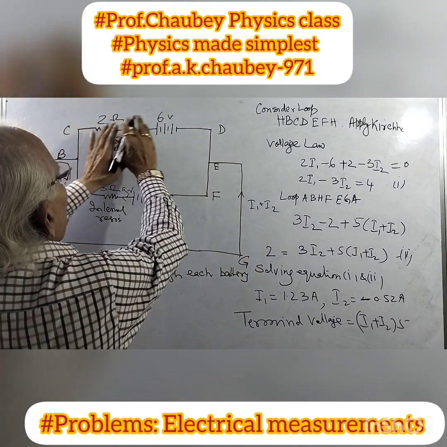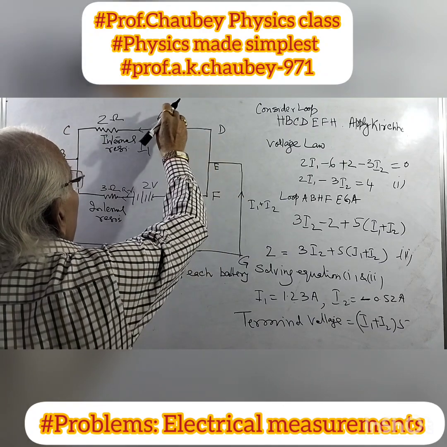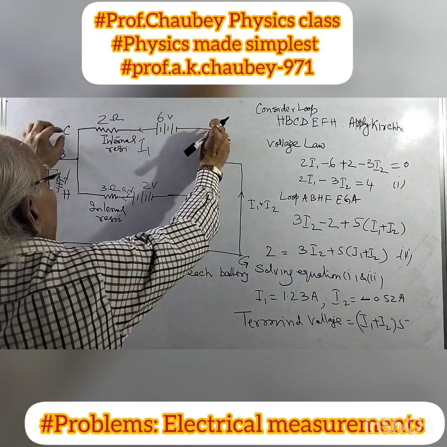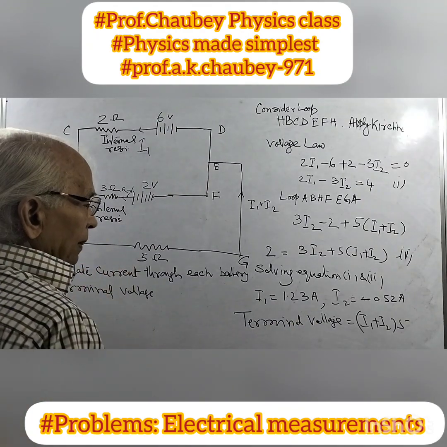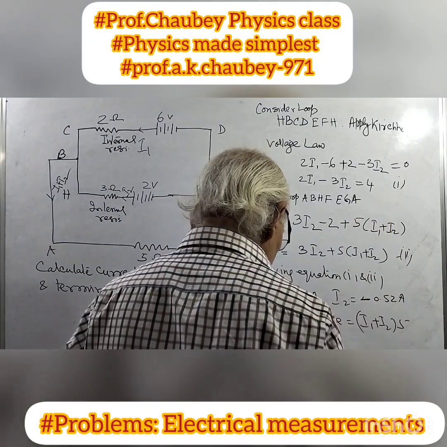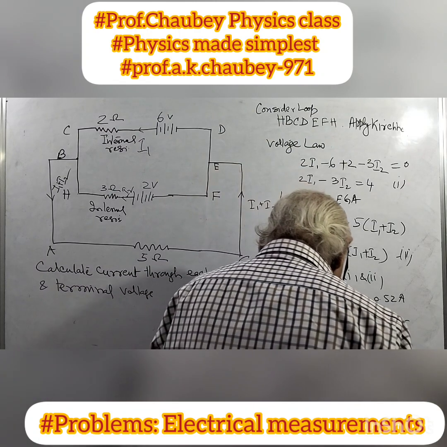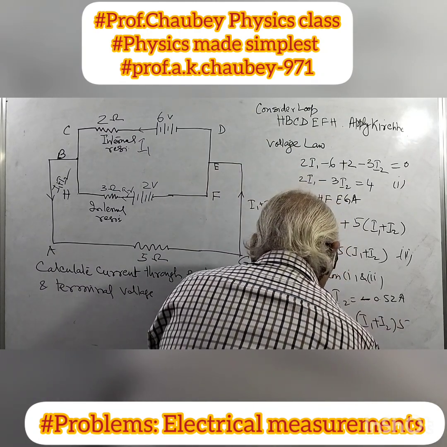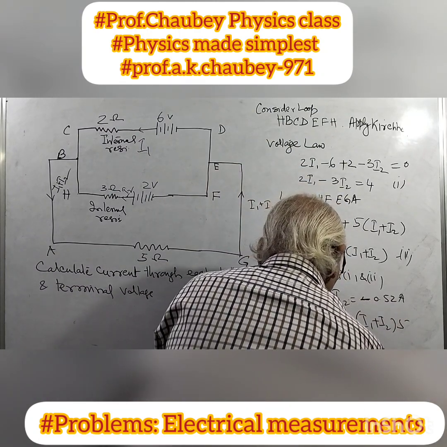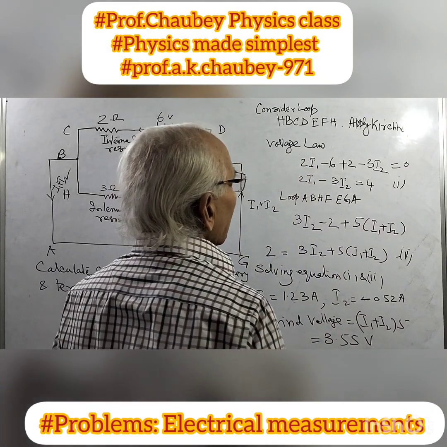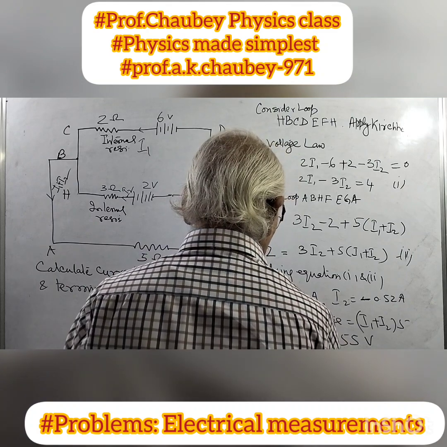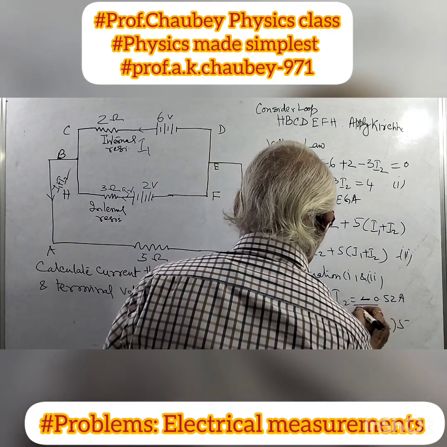Because this has internal resistance, we have the EMF of 6 volts. What is the terminal voltage at these 2 points? That is I1 plus I2 into 5, which you can calculate, and the value comes out to be 3.55. So this is the terminal voltage answer, and I1 and I2 are given here.